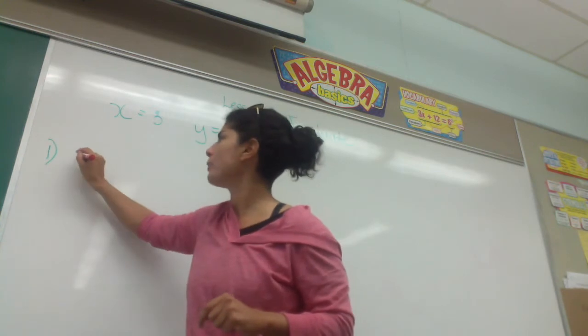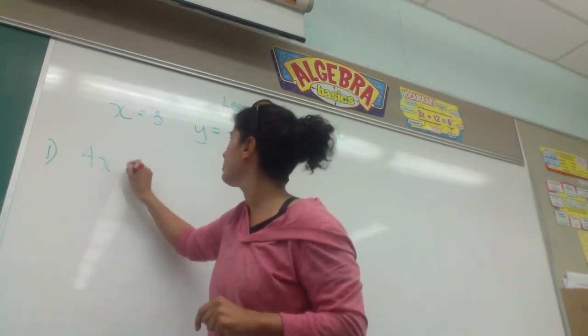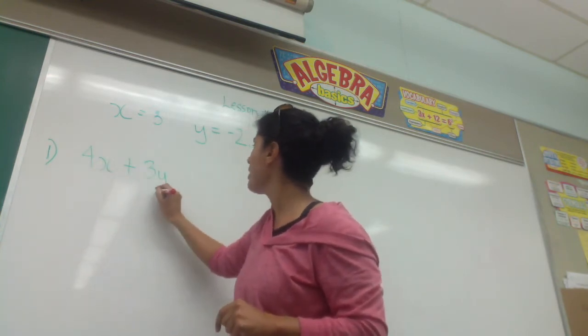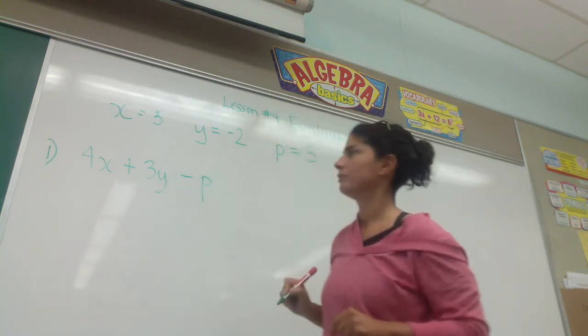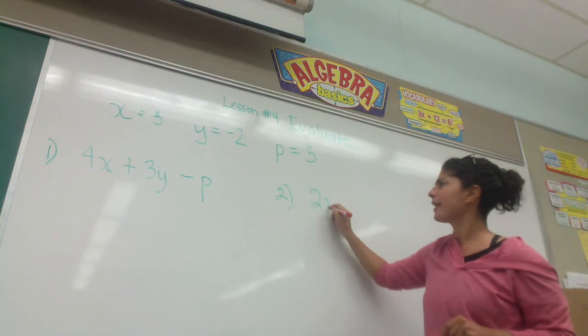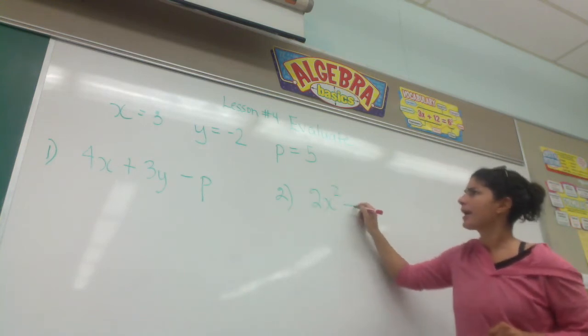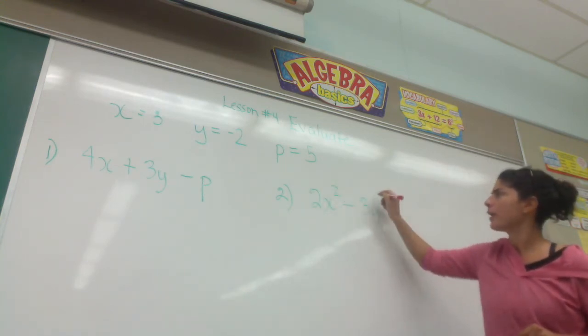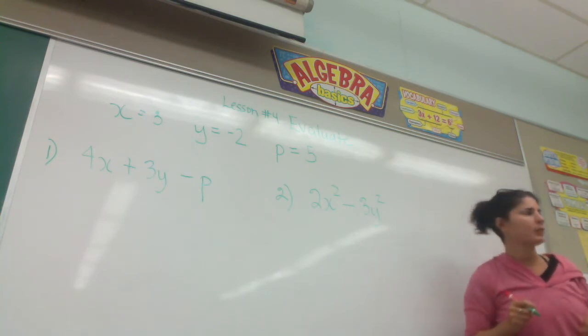For example, this one I'm going to do is 4x plus 3y minus p. For number 2, I'm going to say 2x squared minus 3y squared. We're getting more difficult.